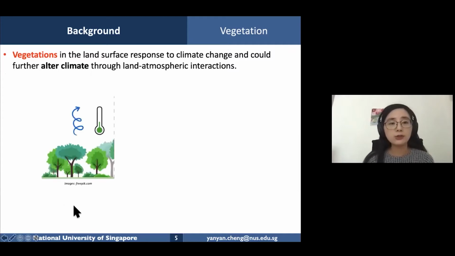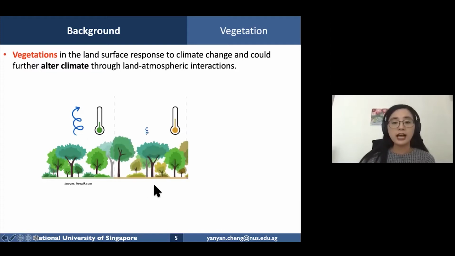So here I will show you a very simple example of how vegetation will interact with the atmosphere and with the climate. This is a piece of very healthy vegetation. So it will have lots of evapotranspiration and can offer us a very pleasant temperature. And when the maturity of this vegetation increases, it will affect the water cycle.